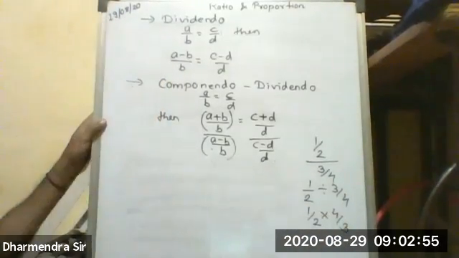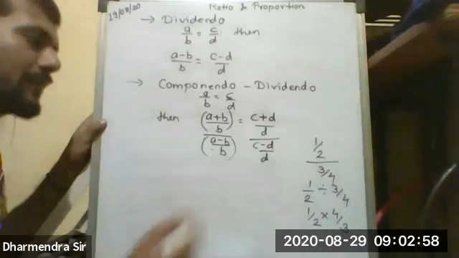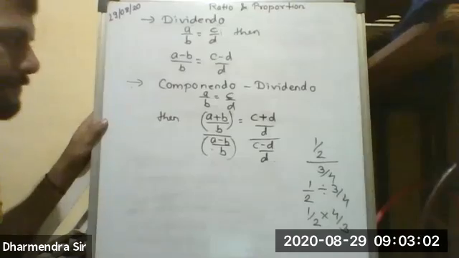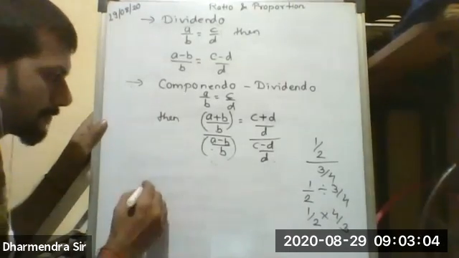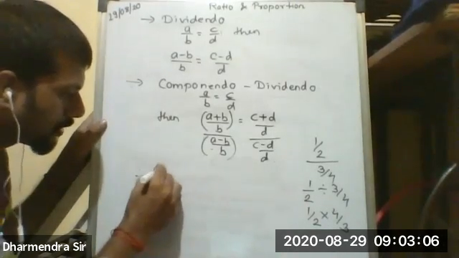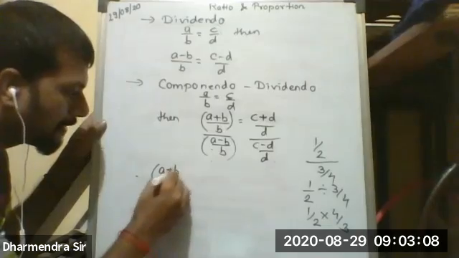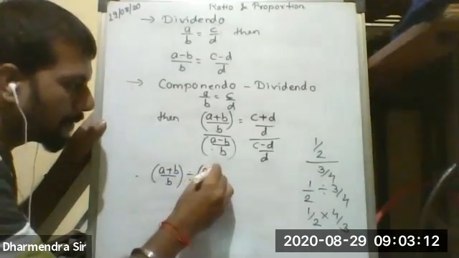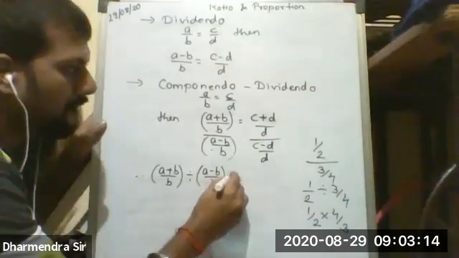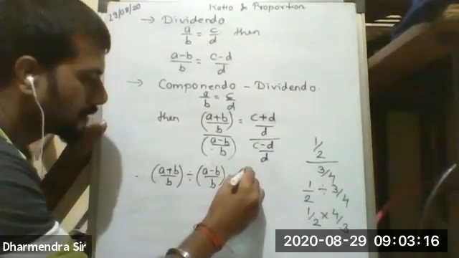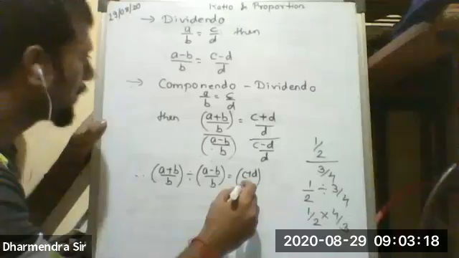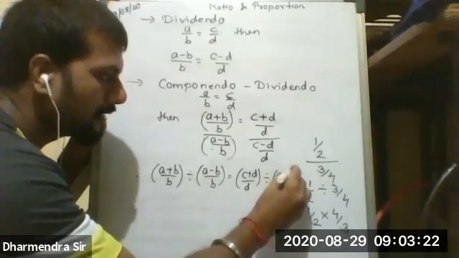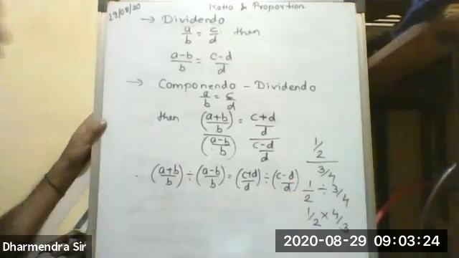Is it okay? It's a common rule. This is a basic we have done in 5th and 6th standard. So we are going to apply this here. Therefore, A plus B by B, divided by A minus B by B, is equal to C plus D by D divided by C minus D by D.